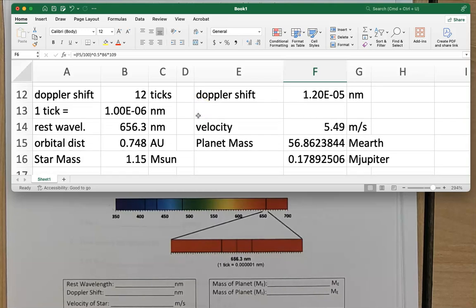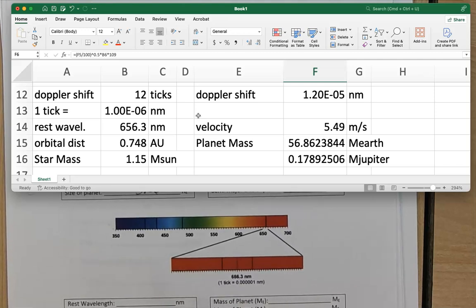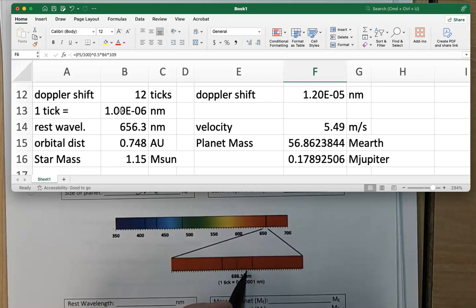For that, we need the Doppler method. So, the number of nanometers per tick mark stays the same. We don't need to change that. But how many tick marks to the side does the spectrum shift? 1, 2, 3, 4, 5, 6, 7.